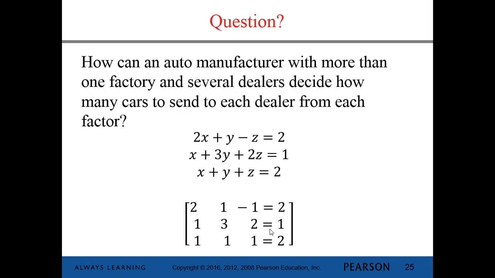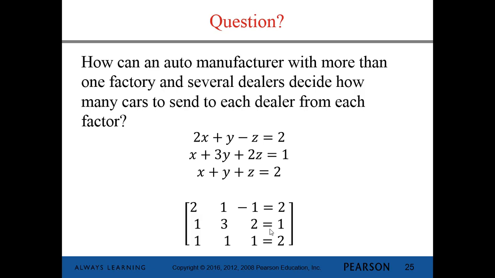So the question that I have is, how can an auto manufacturer with more than one factory and several dealers decide how many cars to send to each dealer from each factory? So you've got factories that are in different locations. You've got dealers that are in different locations. So you're looking at a geographical, kind of three-dimensional thing going on here.